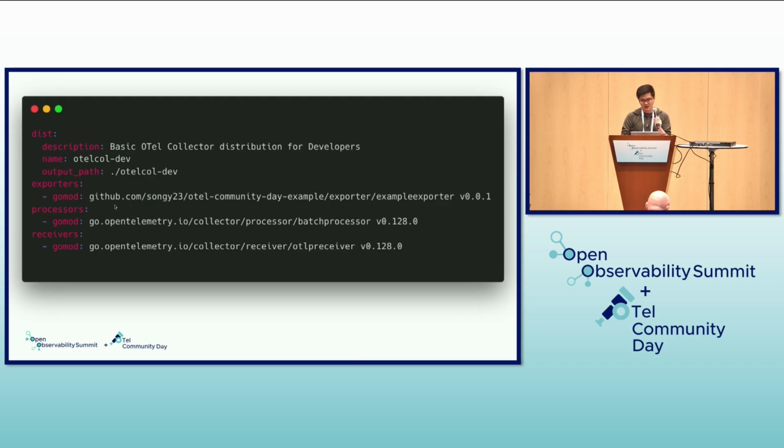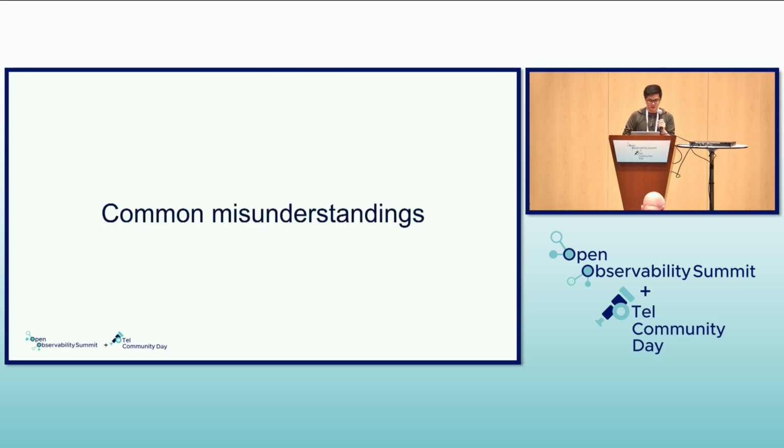Here you can see that I can include some random component from my own repo and mix and match it with official components from the official upstream repos. Your components do not have to be hosted in the upstream; they can be hosted anywhere, in any repos, which brings us to the next topic.